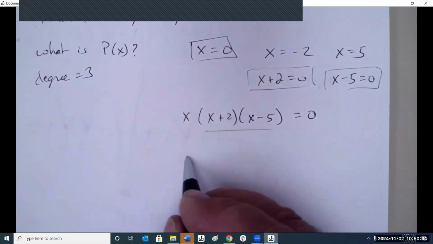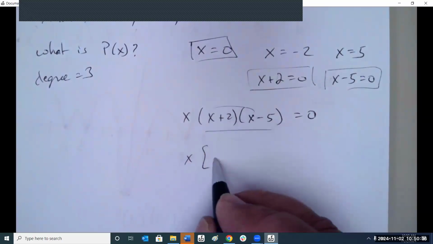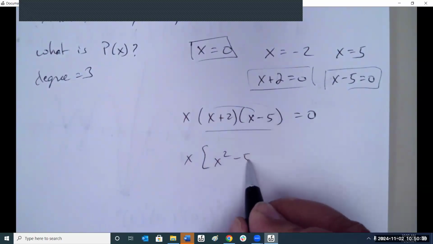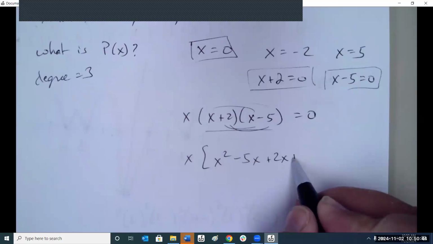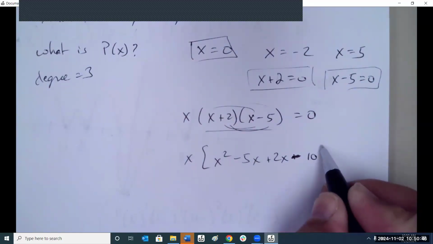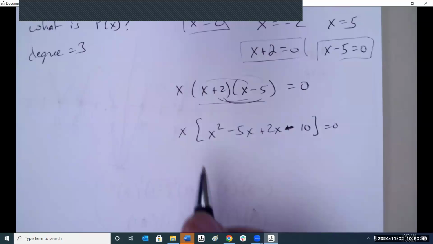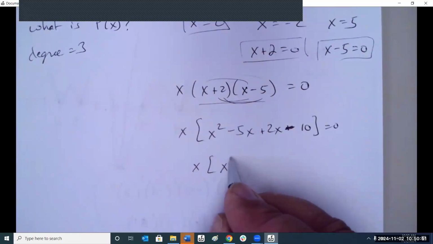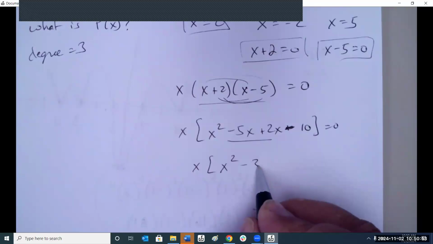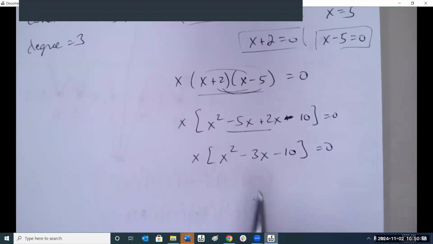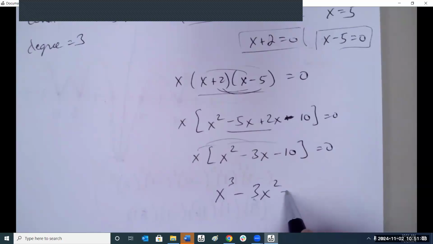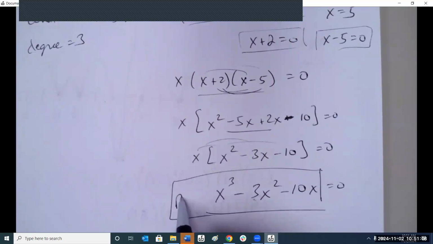Now multiply. x times x is x squared, negative 5x, and negative 10. Negative 5 plus 2 is negative 3x, minus 10. And distribute one last time. You get x cubed minus 3x squared minus 10x equals 0. So this is my polynomial.